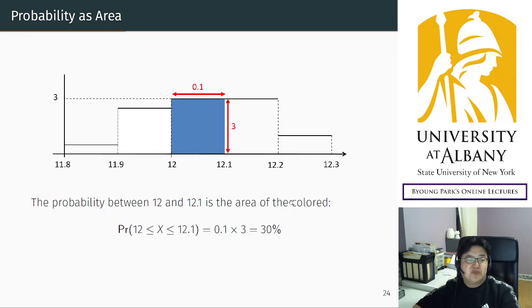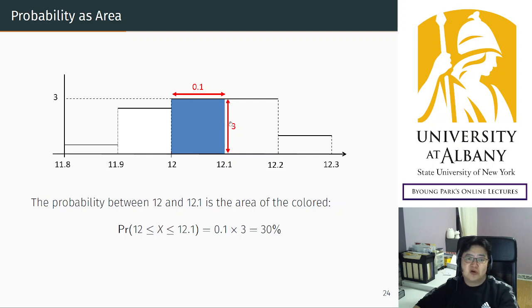And similarly, now think about this. You can calculate any area in this simple graph. Think about the probability between 12 and 12.1. The length of the interval is also 0.1, but now the height is higher.